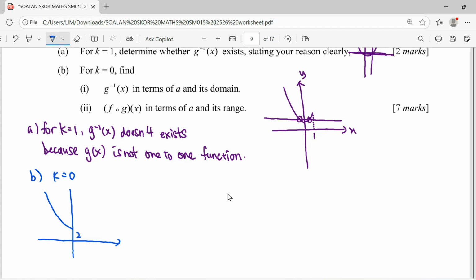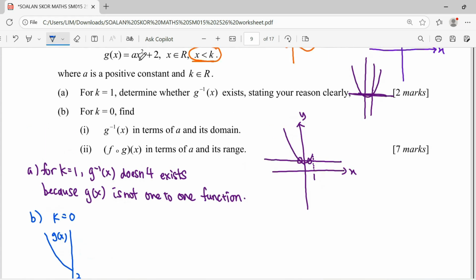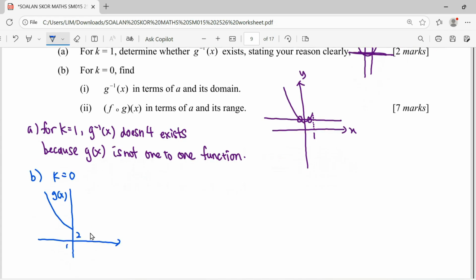So this is our g(x), ax squared plus 2, with x less than 0. X-axis, y-axis. So when your function has a condition, you have to analyze it from the graph, then you will have a better vision of that.